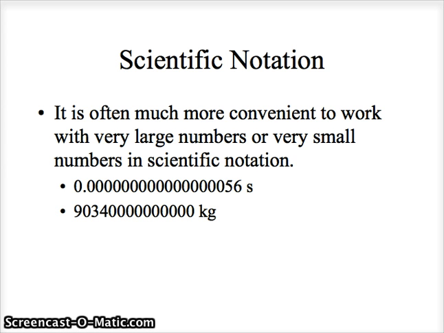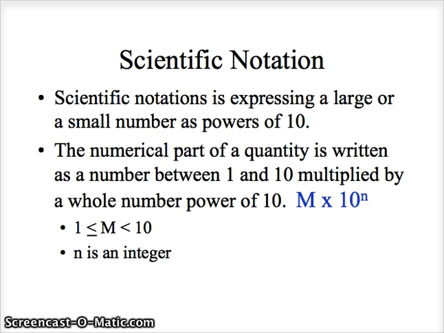So essentially what this PowerPoint is trying to do is to get you to work with scientific notation and doing basic mathematics. Scientific notation is basically expressing a really large or really small number as a power of 10. The numerical part, which is the base number, is designated here as m. The m is the base number, and it has to be between 1 and 9.99999, or pretty close to 10.